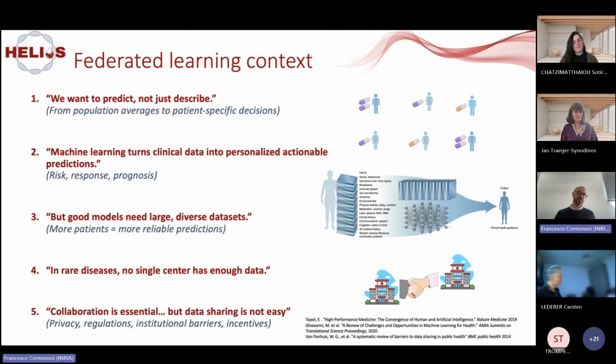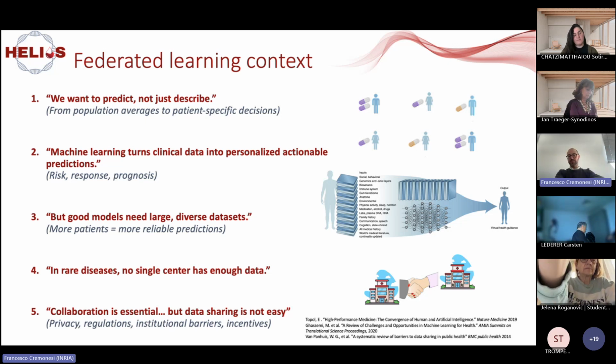And so collaboration is essential, even more so than in classical medicine, even though, even for classical medicine, we need a lot of good data if we want to apply machine learning.